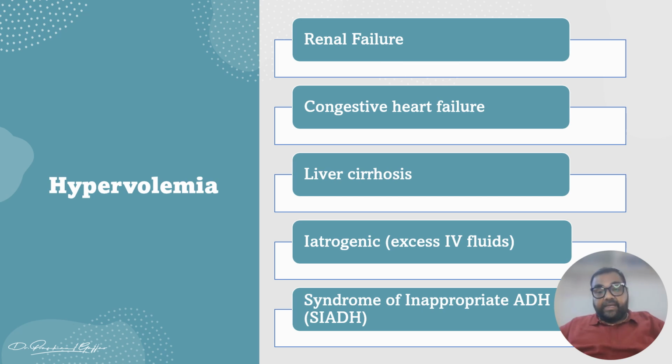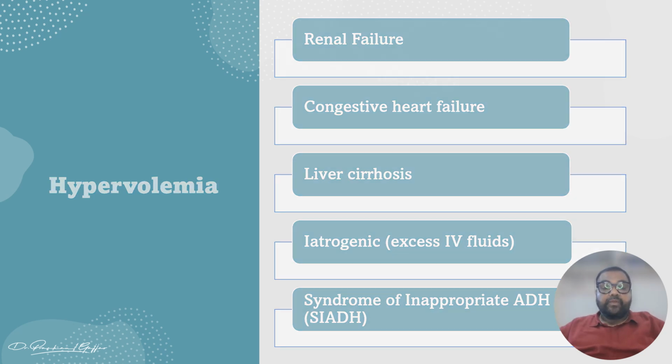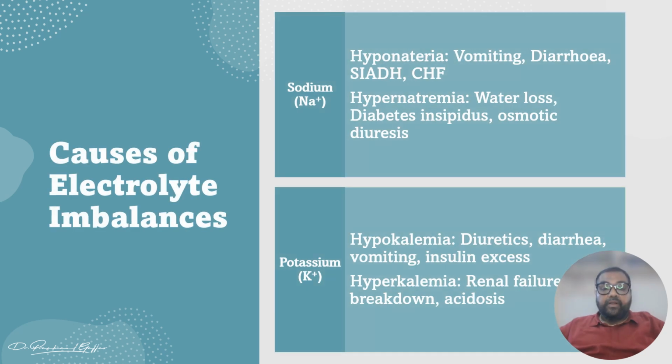Now let's see what are the different causes of the electrolyte imbalances. So हम पहले इलेक्ट्रोलाइट की बात करें. सोडियम, that is the Na plus. So sodium is an important electrolyte of the body. The normal value is 135 to 140 MEQ per liter, right?